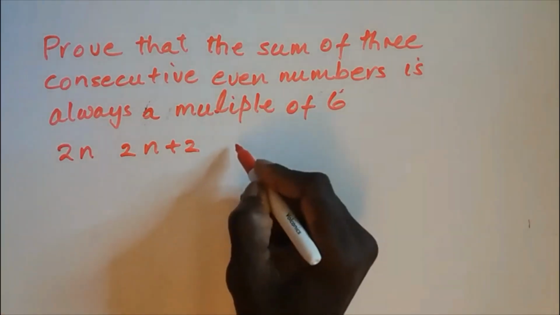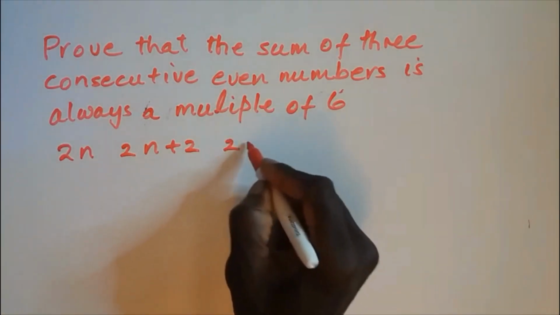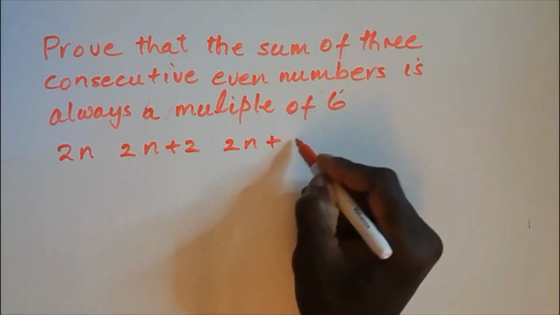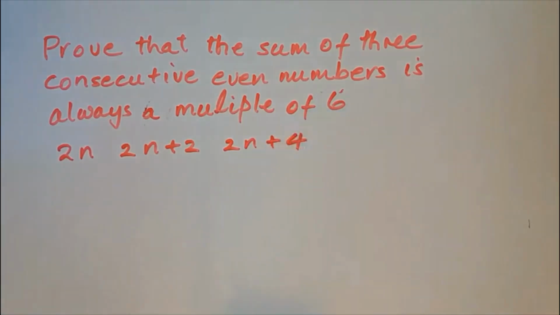And the third will be 2n add 4. So these are three consecutive even numbers. We need to show that the sum of these is always a multiple of 6.